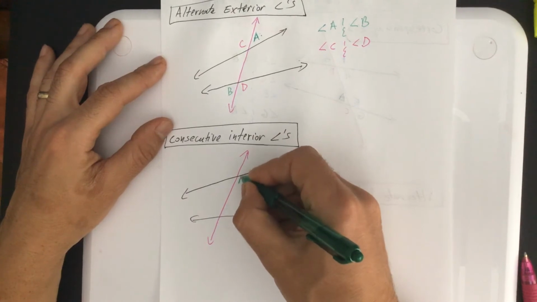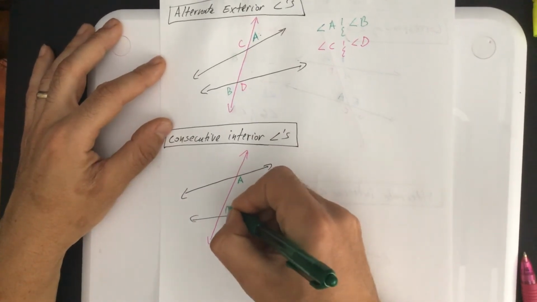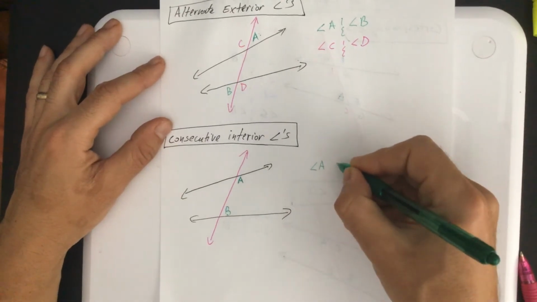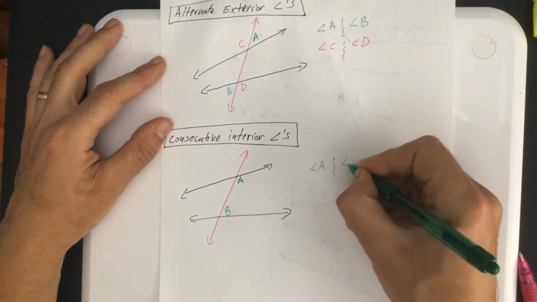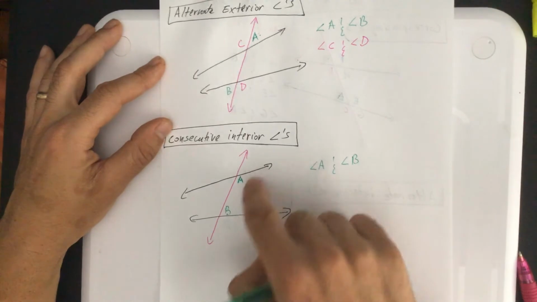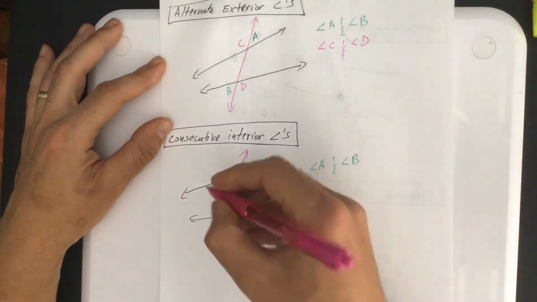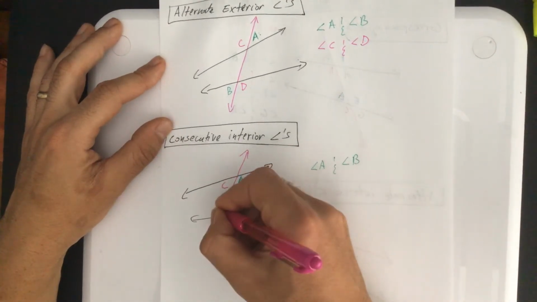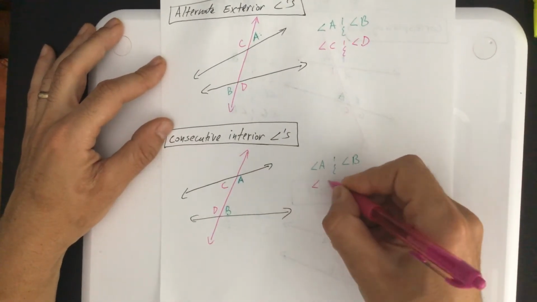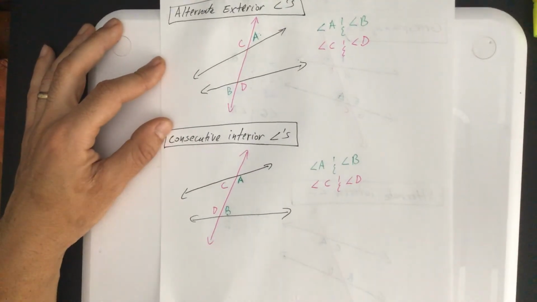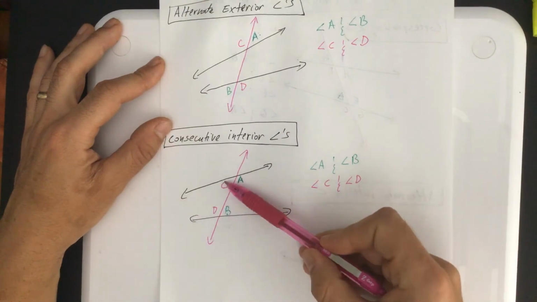This one A, and this one over here B. Angle A and angle B are consecutive interior. And then we have to do the other side. Let's call this one C and this one D. So angle C and angle D are consecutive interiors. This one with this one and this one with that one.